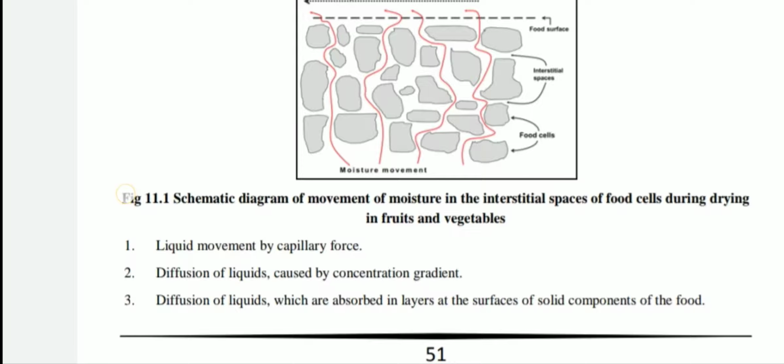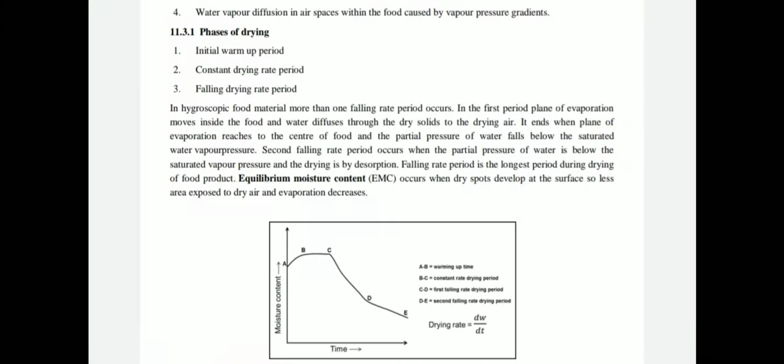Now, diffusion of liquid which is absorbed in layers at the surface of the solid components of food. So it starts its journey towards the surface of the food and the object is to go out from the system.